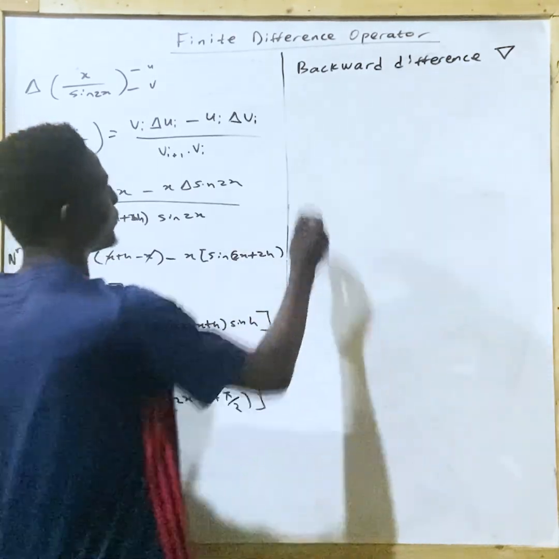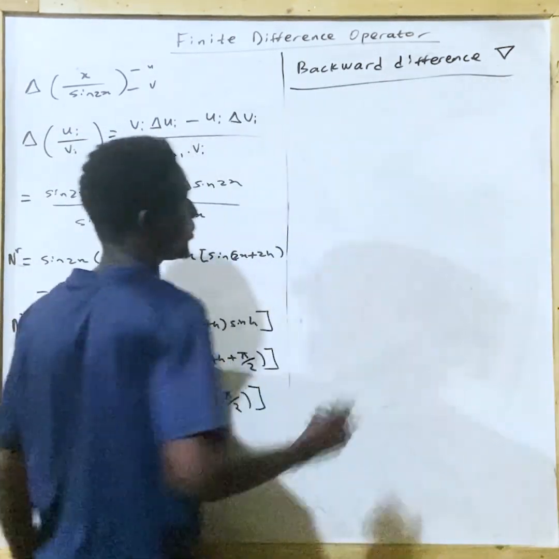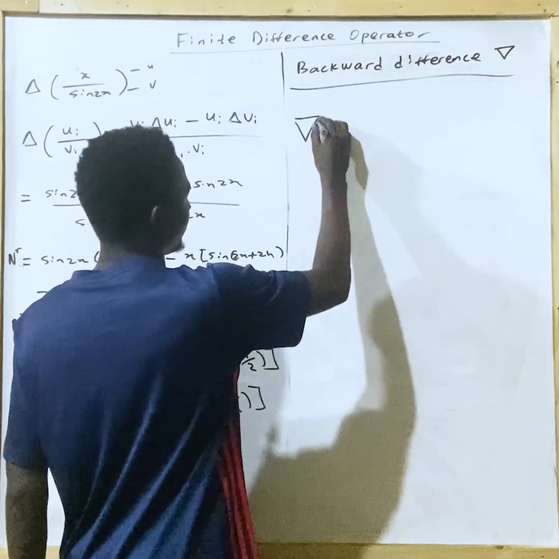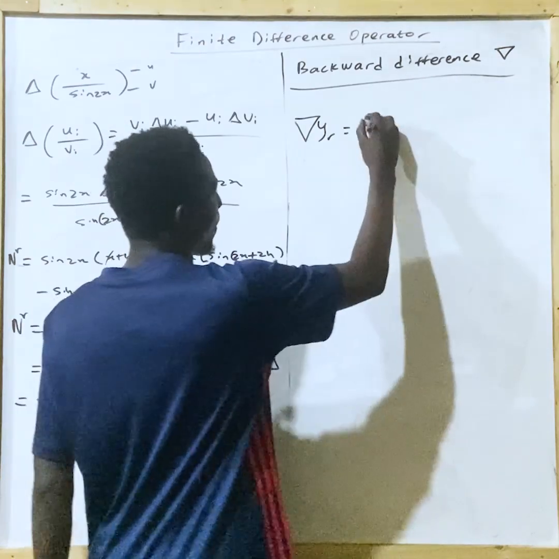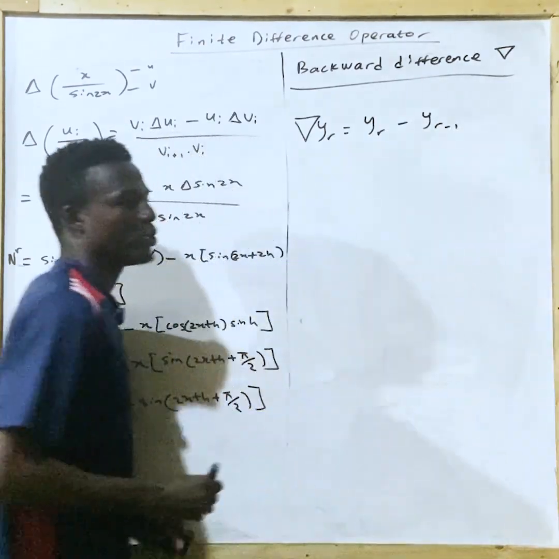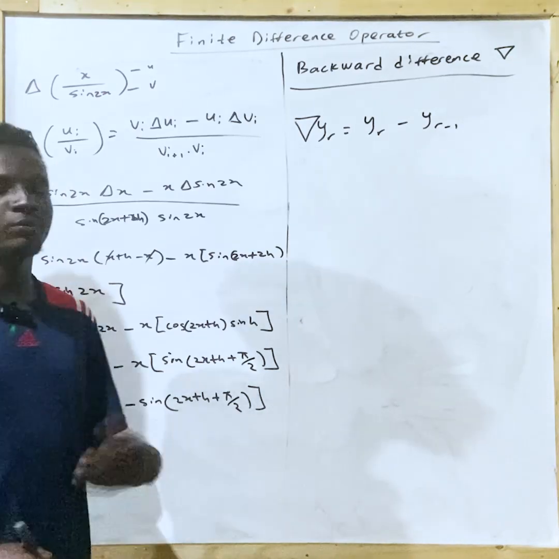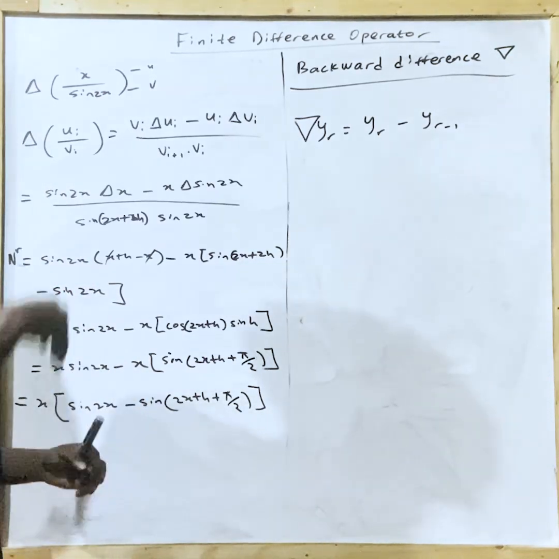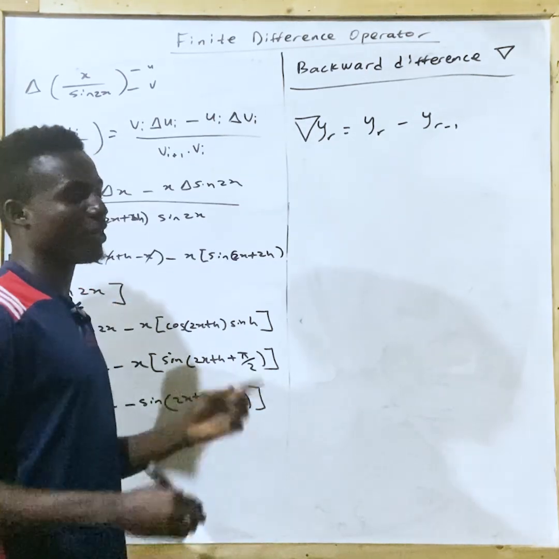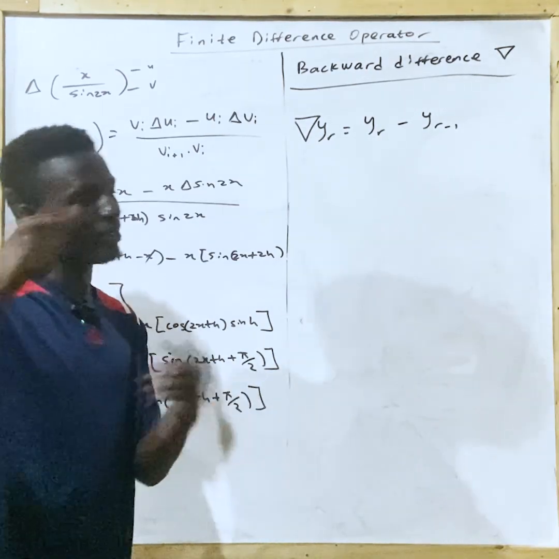Talking about the backward difference operator now, which is denoted by nabla. The general formula is just y_r minus y_(r minus 1). Unlike the forward difference operator, where the one in front subtracts the one at the back, the backward difference operator actually subtracts the one at the back.